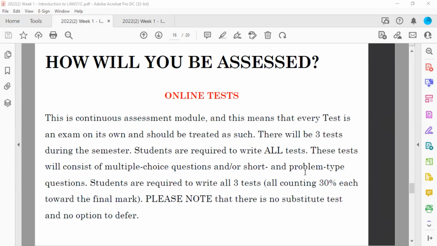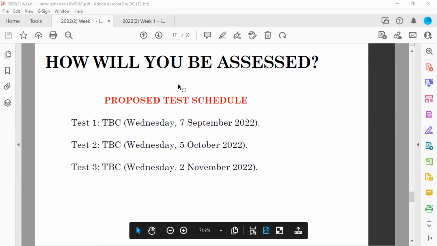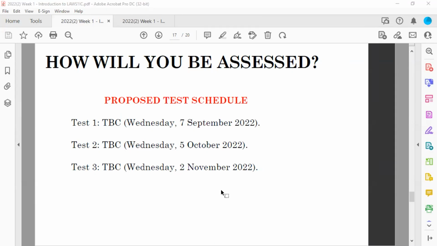All right. These are the dates for the tests: Wednesday, the 7th of September, then again on the 5th of October, and then again on the 2nd of November, right? The tests take place in the evenings, so it will not clash with any of your day activities.